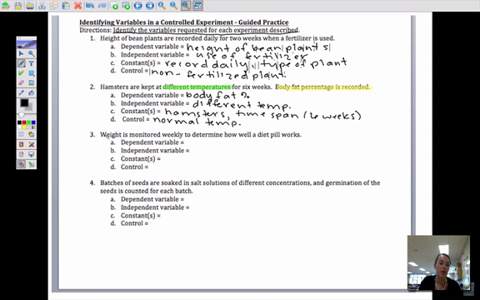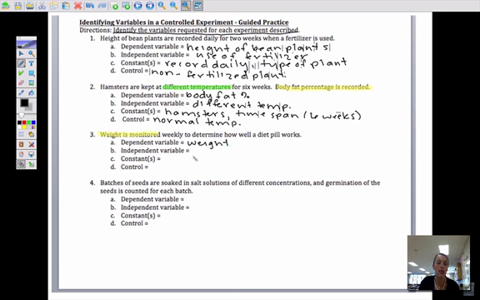The third one says weight is monitored weekly to determine how well a diet pill works. After reading that, I need to read into it a little bit more. It says weight is monitored weekly. Monitored is a fancy way of saying recorded or measured. So weight is monitored gives us a hint that our dependent variable, what we're measuring or monitoring, is weight.